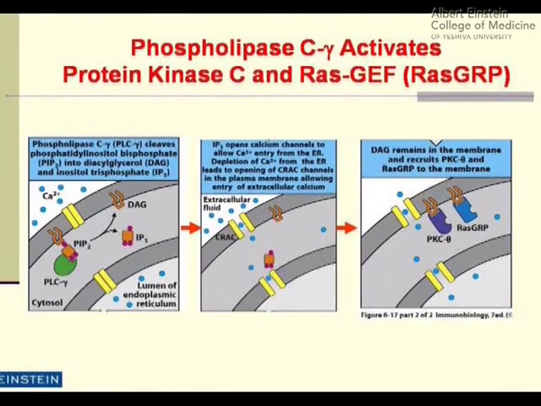And as many of you know, these molecules are very important because these are the molecules that activate protein kinase C. So IP3 stimulates calcium efflux, and diacylglycerol will directly activate protein kinase C.